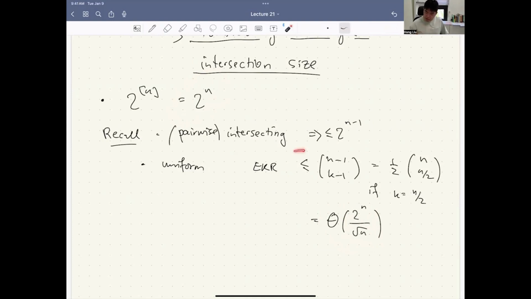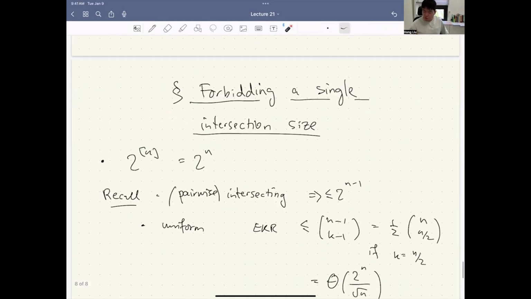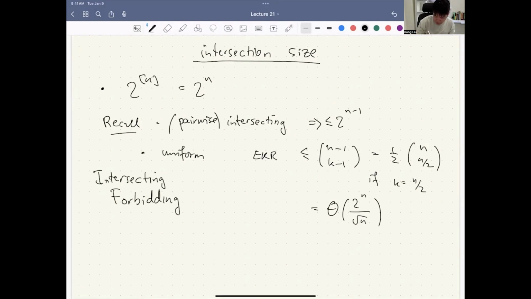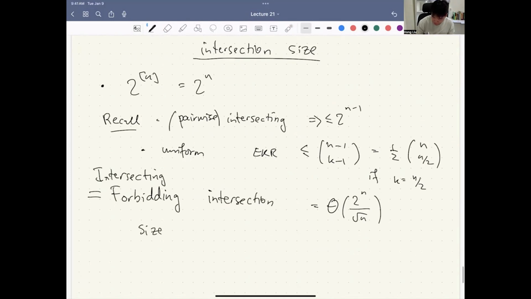And here, intersecting means we're forbidding a single intersection size, 0. We don't want them to be disjoint. Intersecting is the same as forbidding intersection size 0.